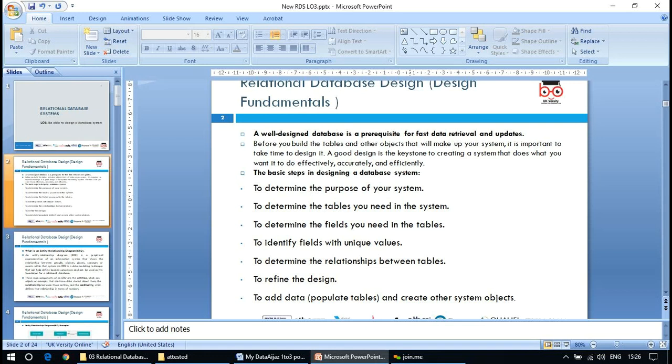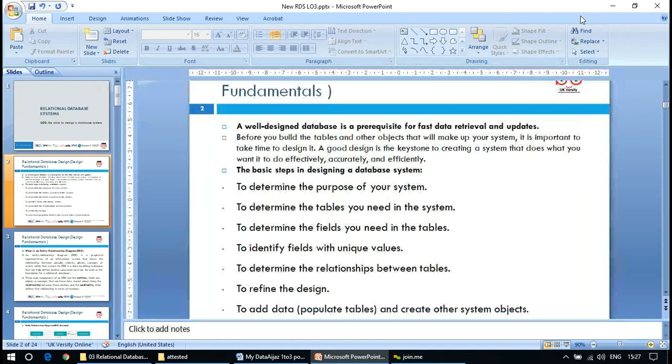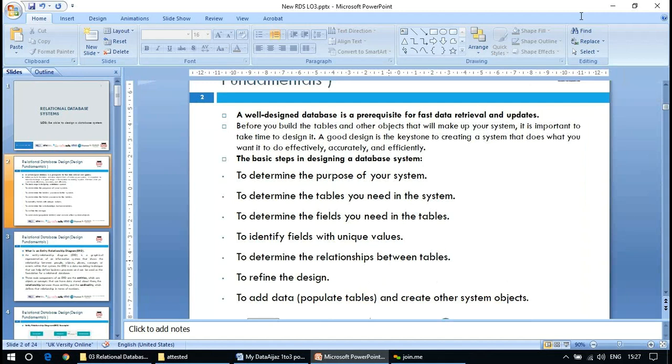We should be able to identify how your tables would be identified, which attributes, like if it is an employee, how you would be retrieving the information of an employee, probably with a unique employee number. Then how the tables would be connected, the relationships between those tables, which tables need to be connected, and which tables need not be connected.